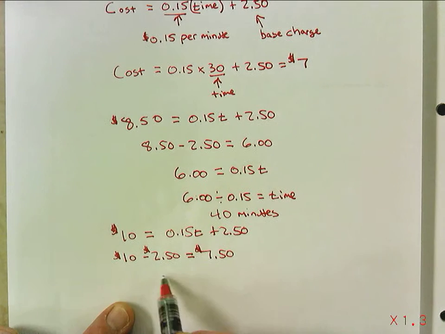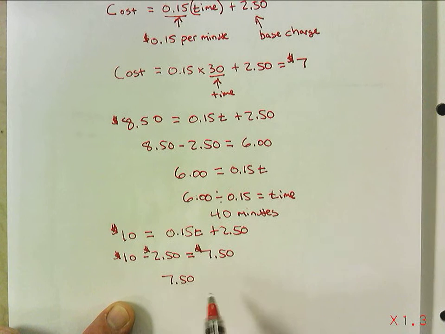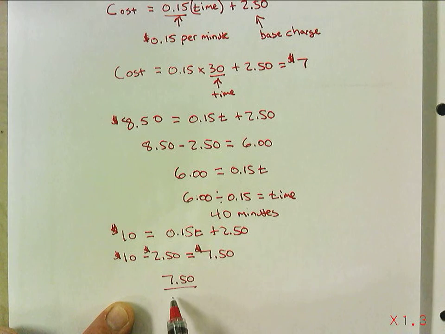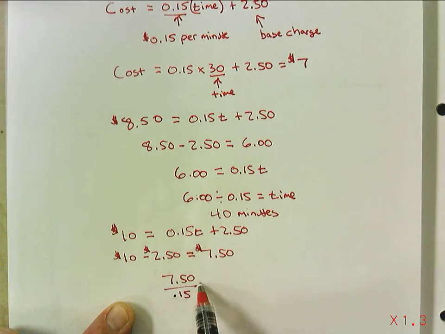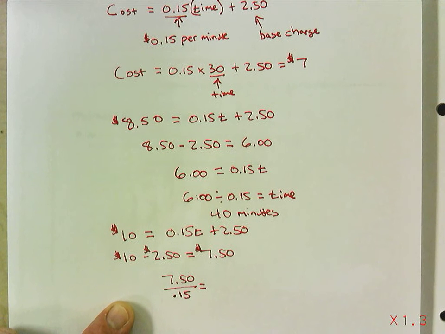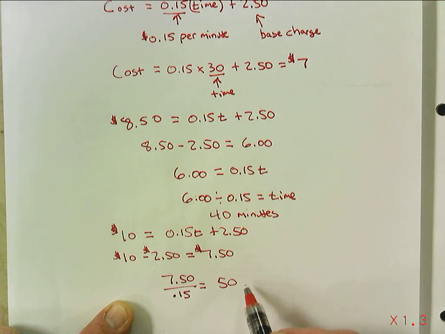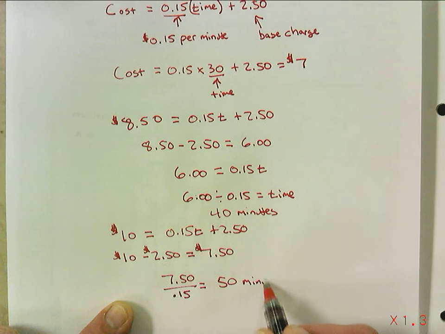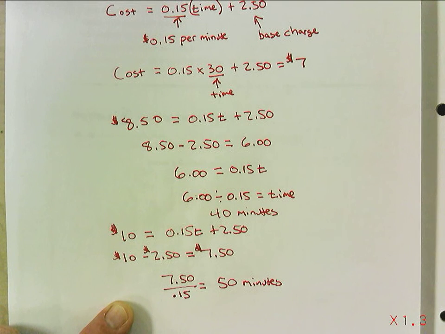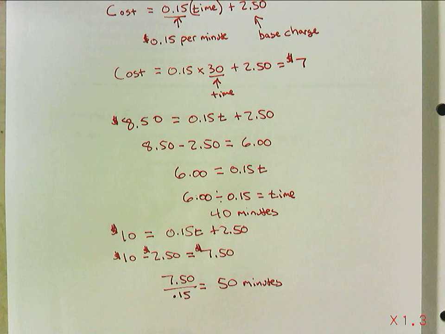And if I take that $7.50 and remember that it's 15 cents per minute and divide it by that 15 cents per minute, it looks like we would have used the canoe for 50 minutes. And that answers my 3 questions that we were asked to answer for this part of this problem.